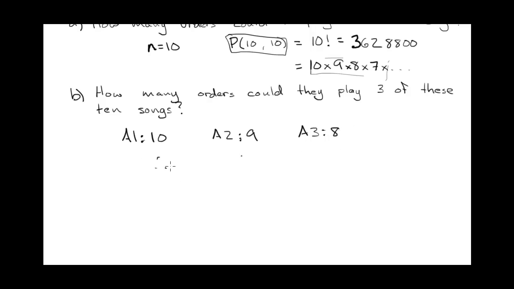So therefore, there are 10 times 9 times 8, which is equal to 720 orders. So they're only playing 3 songs, but there's 720 ways that could happen because they know 10 songs.